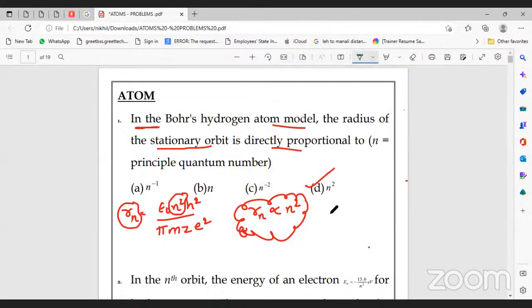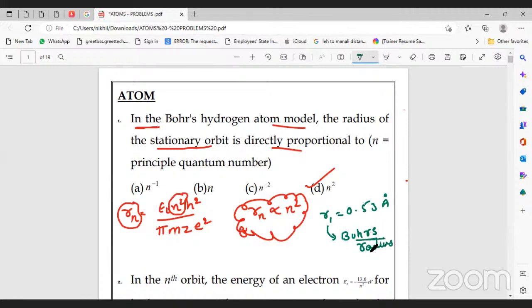Now, remember this also. Radius of the electron in the first orbit is 0.53 angstrom. This radius is what we called the Bohr's radius. What is Bohr's radius?